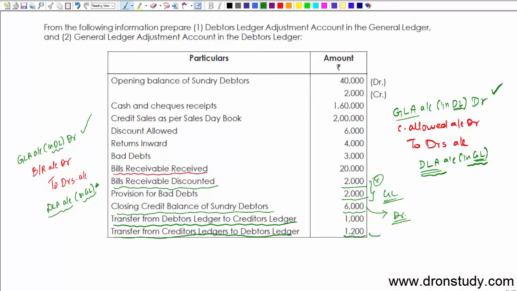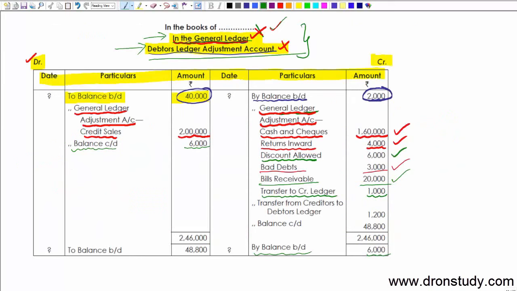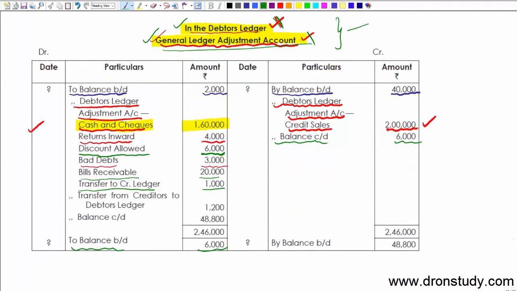This 1,200 should also be taken to the credit side of the debtors ledger. So in the general ledger debtors ledger adjustment account, we'll have by transfer from creditors to debtors ledger 1,200. We'll have the corresponding opposite effect on the debit side, to transfer from creditors to debtors ledger 1,200.